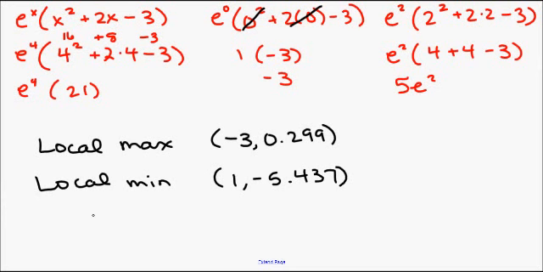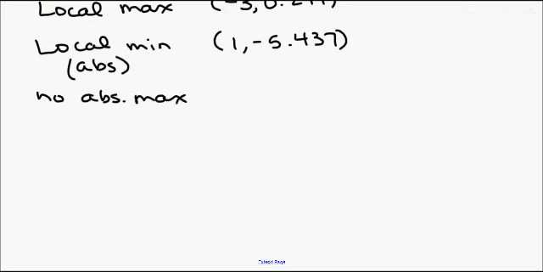Okay. And I also want absolute mins and maxes. Well, if you take a look at the graph of this, the local min is also the absolute min, and there is no absolute max. Okay.